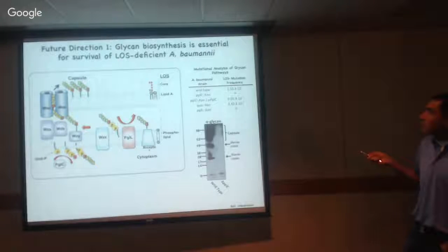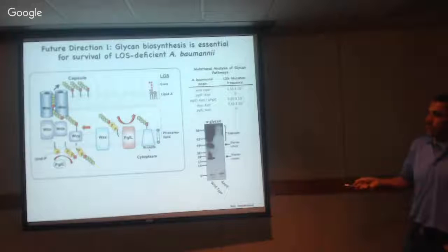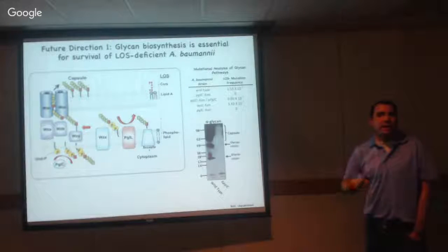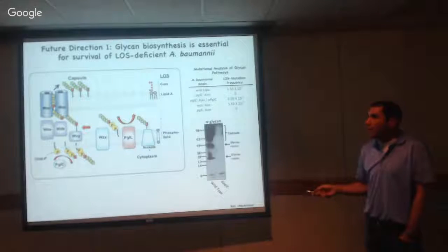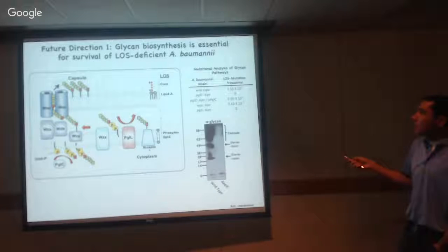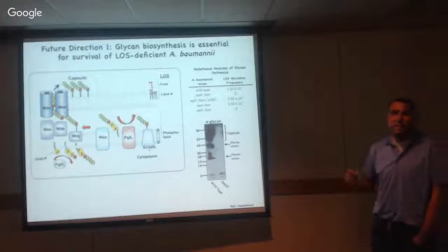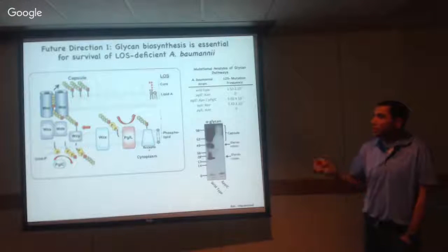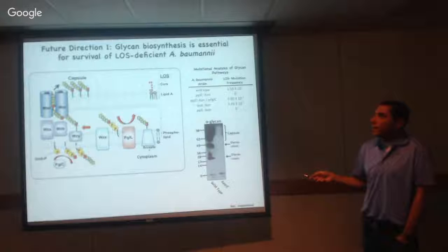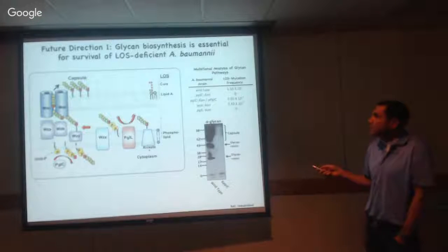In our wild type, we can get LOS deficient colonies back. When we knock out the initiating glycosyltransferase for this pathway, this is the enzyme that actually starts building this glycan, we cannot recover any LOS mutants. And we can complement this. I've knocked out this WZX enzyme. This is responsible for the polymerization of these glycans and for them to be exported as capsule.